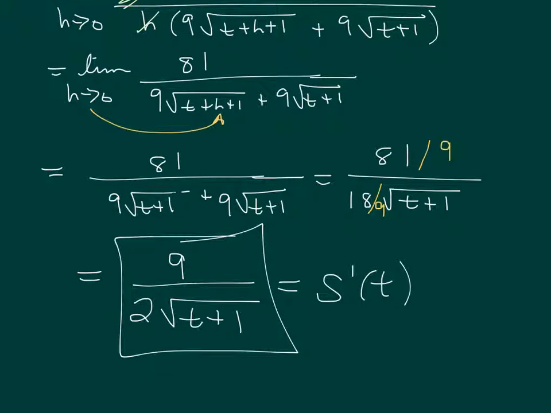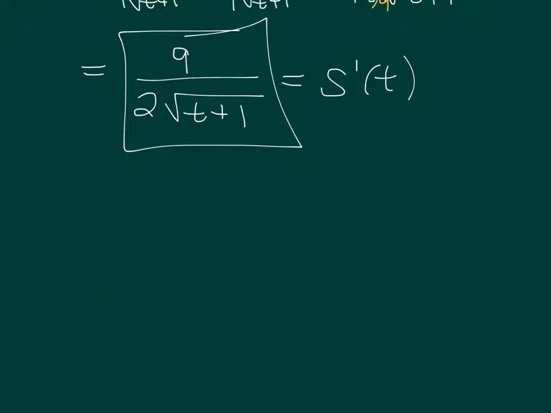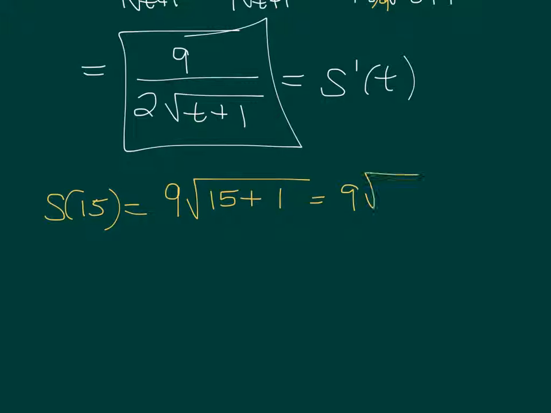From here, I'm asked next to find s of 15. There's no prime on that, so that means go back to the original problem, and where you see a t, plug in a 15. So that's 9 square root of 16. Square root of 16 is 4, so that'd be 36. Then it says find s prime of 15.